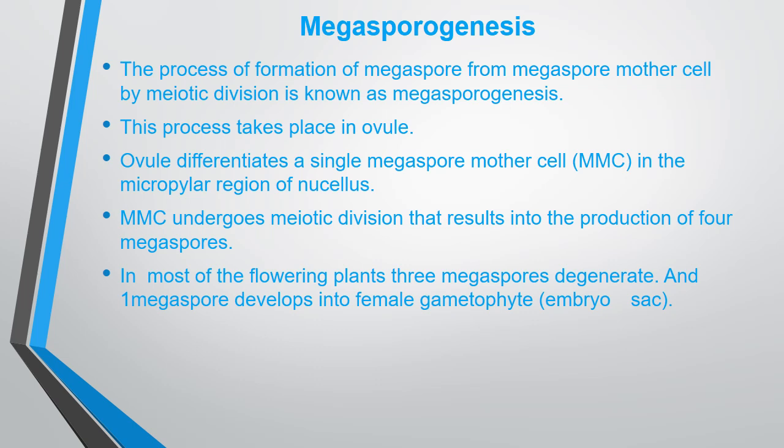The ovule differentiates a single megaspore mother cell, which is also known as MMC in short, in the micropylar region of the nucellus. The MMC undergoes meiotic division that results in the production of 4 megaspores. In most of the flowering plants, 3 megaspores degenerate and only 1 megaspore develops into the female gametophyte that is called the embryo sac.